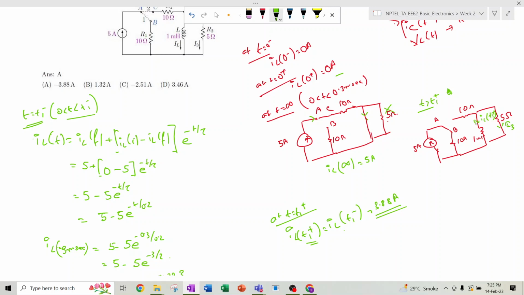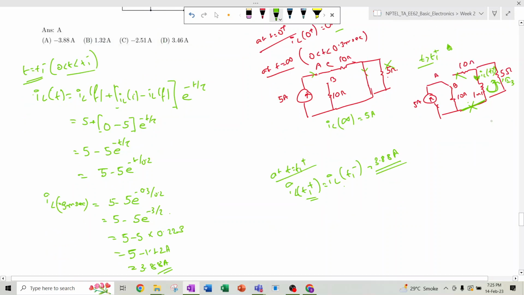This entire current will flow through this point, because there is only one path. If the current goes, it cannot come back, so the current cannot flow through this path, and here it is open circuit. So this current will flow entirely through this part. So this I3 is basically negative of IL at t1 plus, which is negative of 3.88 ampere.